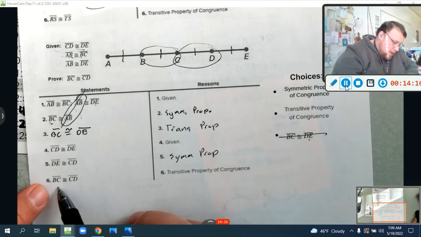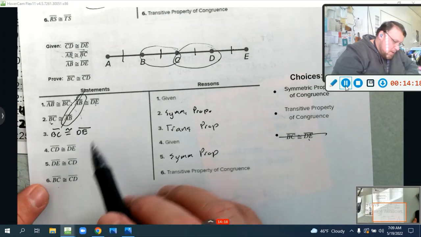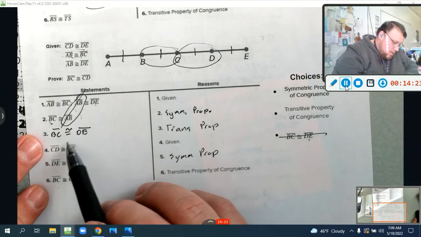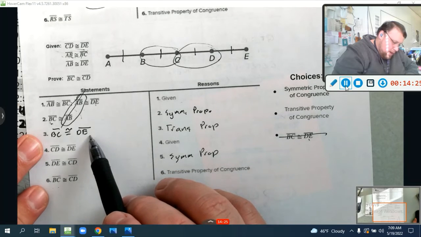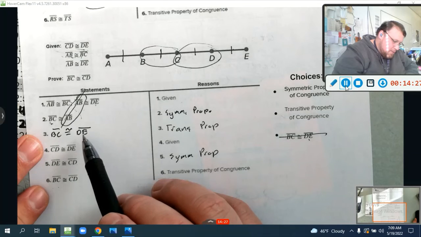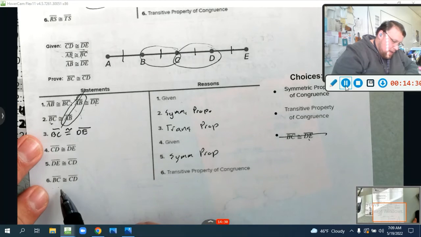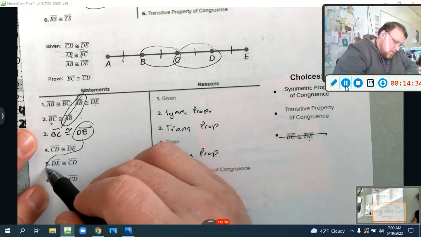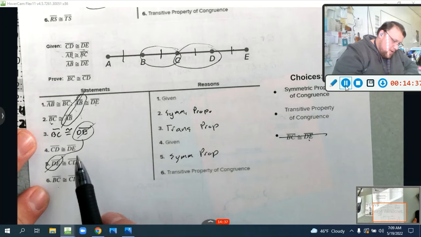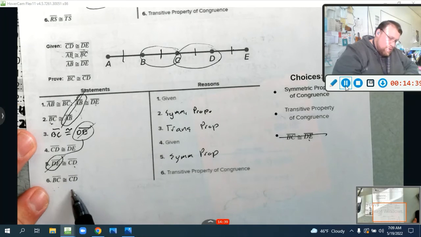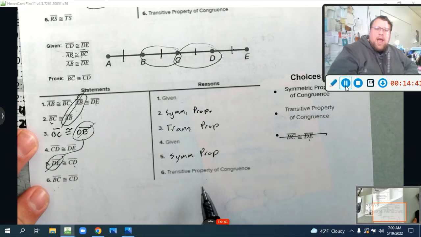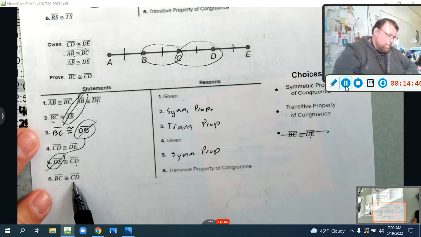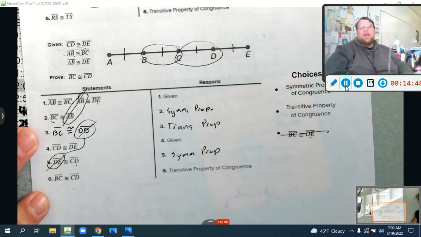I'm going to change out the BC for CD, because up here we have BC equals DE, right? So if BC equals DE and DE equals CD, I can do another transitive. I can swap those out, and I have BC is congruent to CD, which is through the transitive property, and we wanted to do that so that we could get our proven statement, which is BC is congruent to CD. So now we are done.